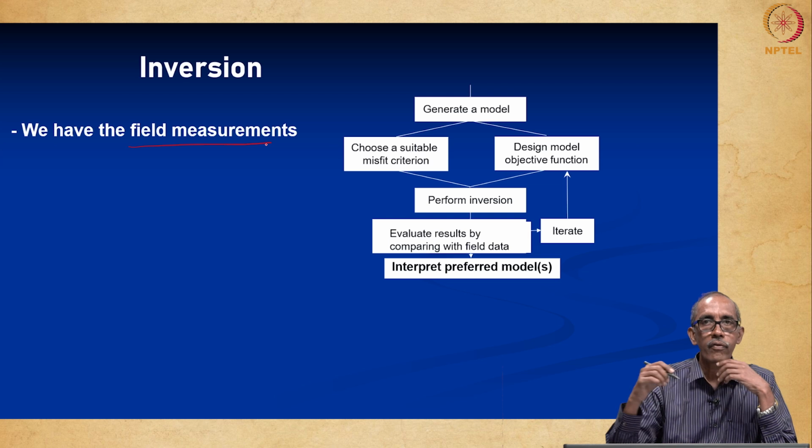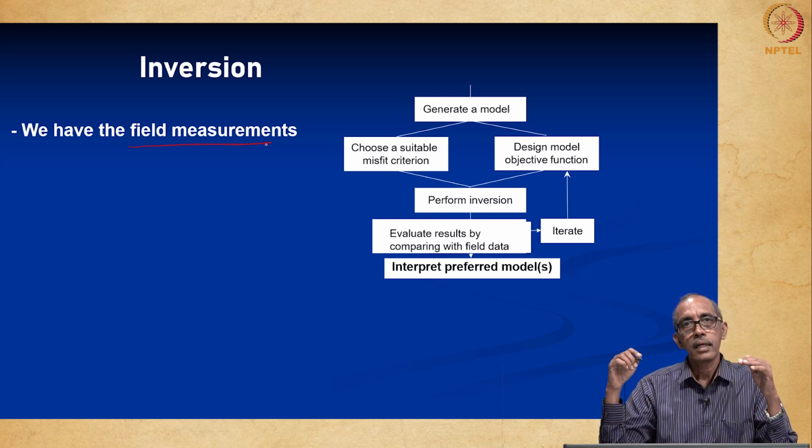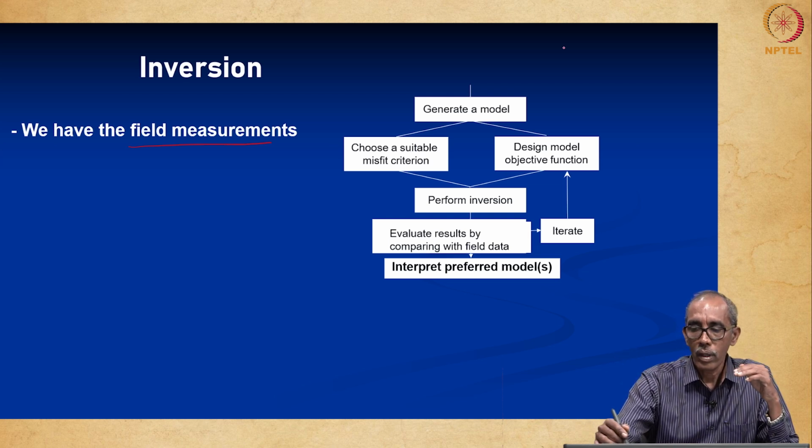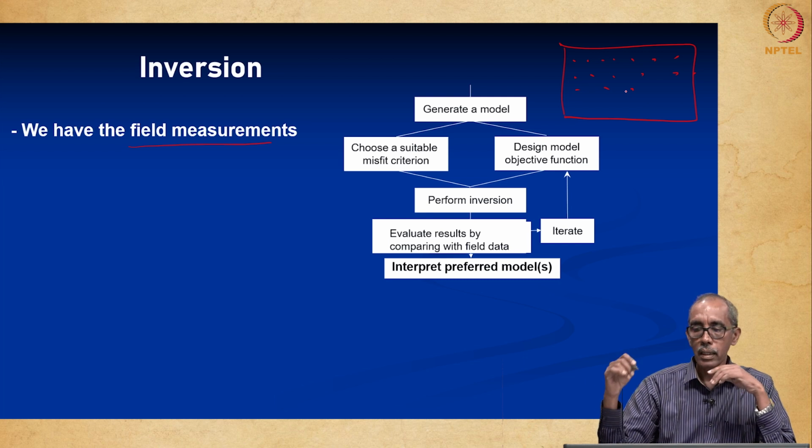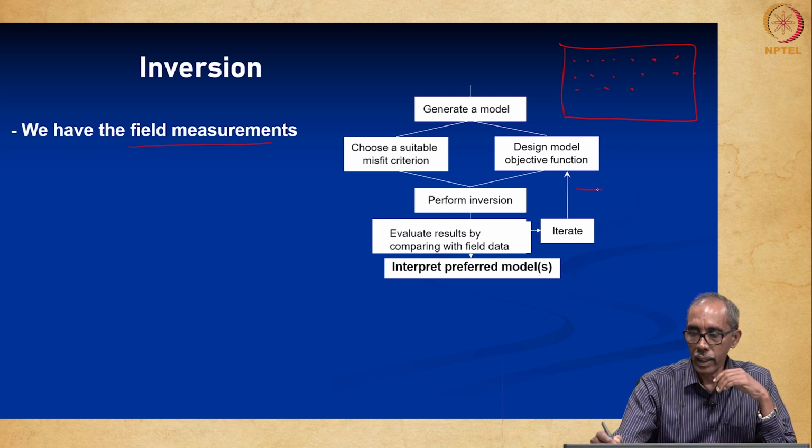After our survey at the site, we would have done it maybe on a grid pattern. This is the plan. We would have the IP values at different locations. Or if you had carried out the survey along a profile, this is the cross section, and beneath the surface you have the values at different locations. So, you could have done it like this in plan, or in cross section.